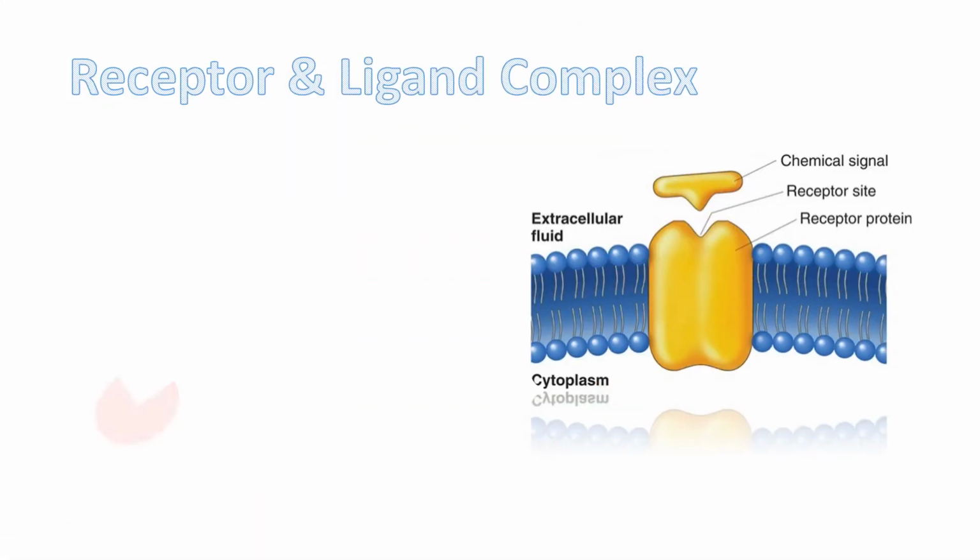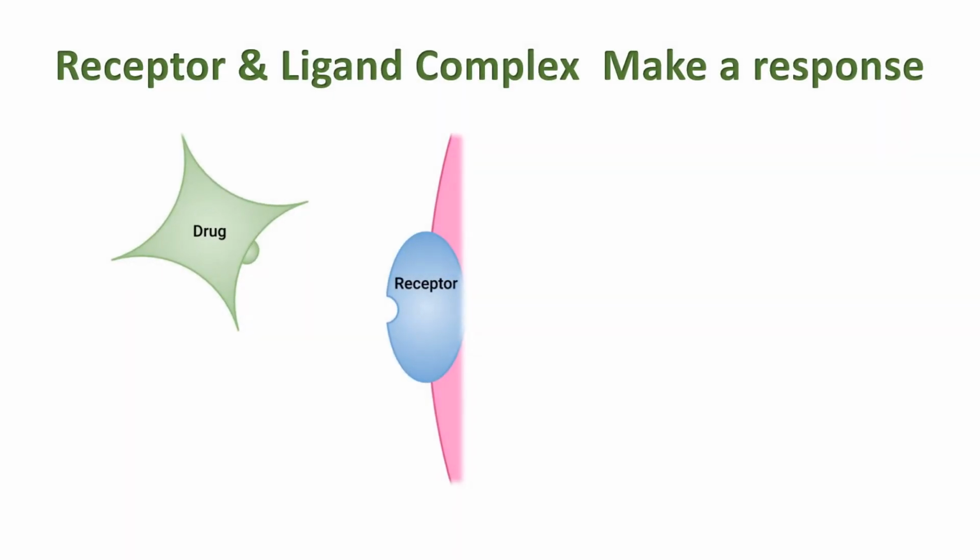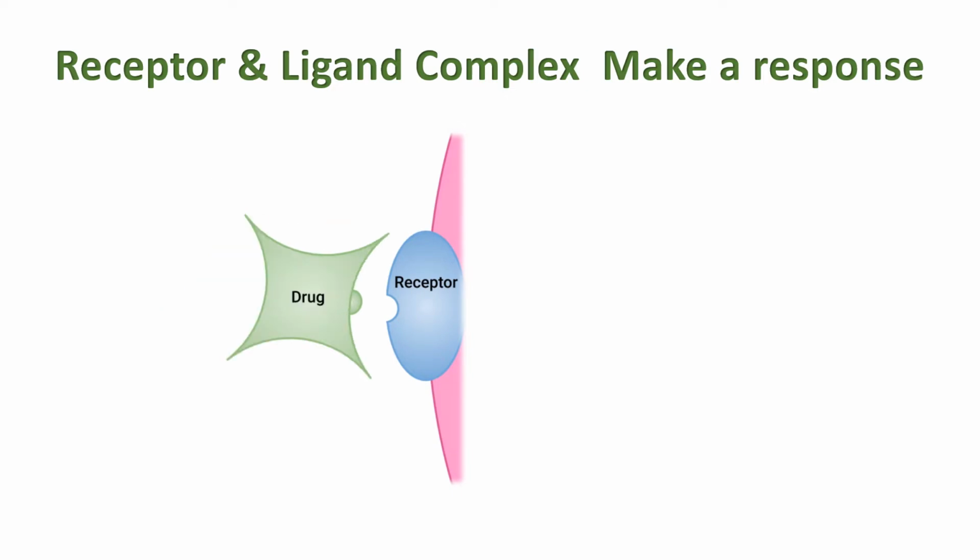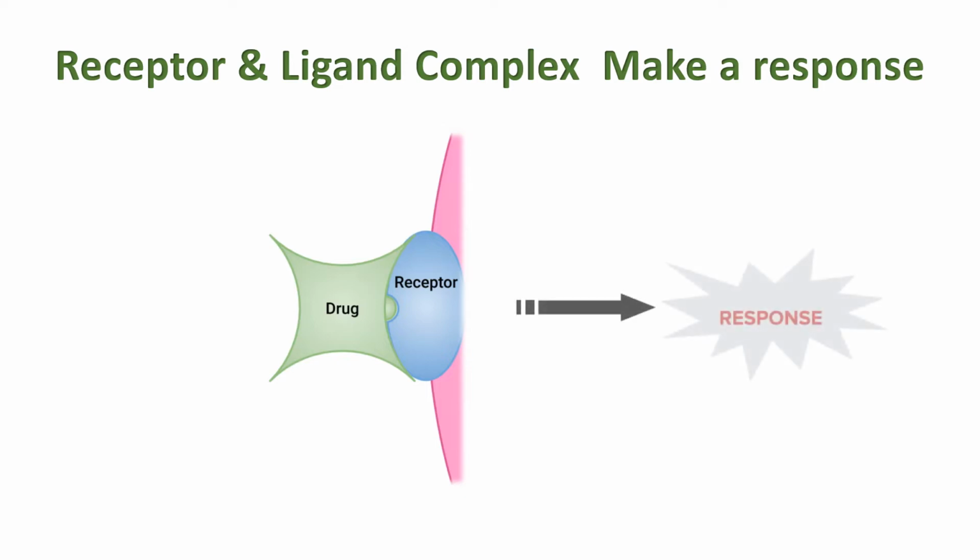So, a receptor with a ligand makes a complex. So, when our body receives a drug, it binds to a receptor and makes a drug-receptor complex. And finally, it is turned into a response.